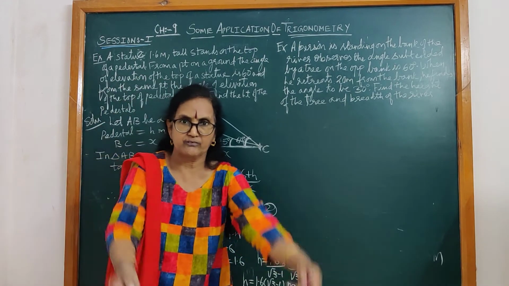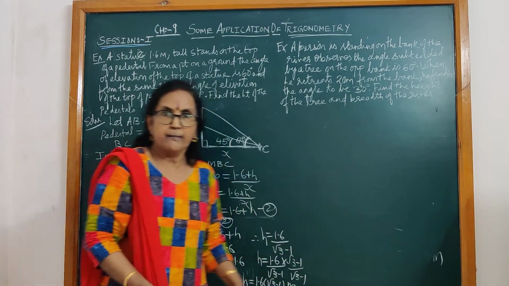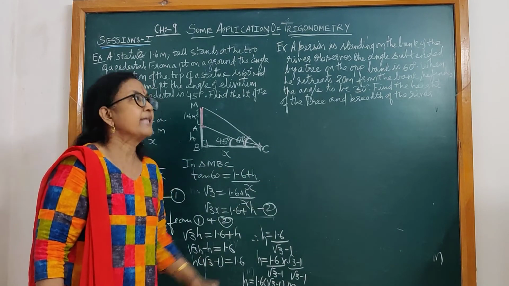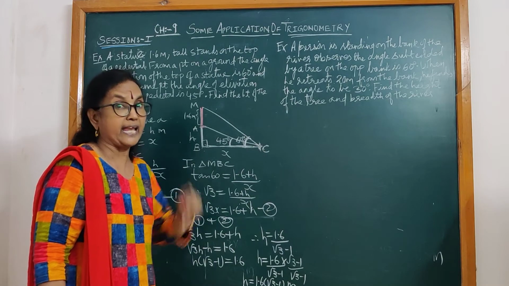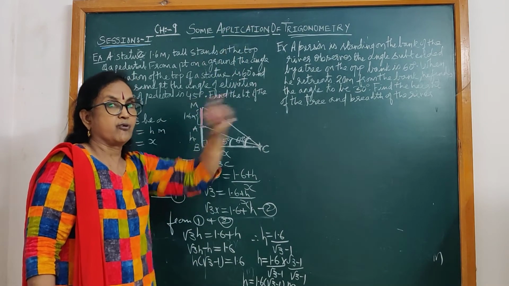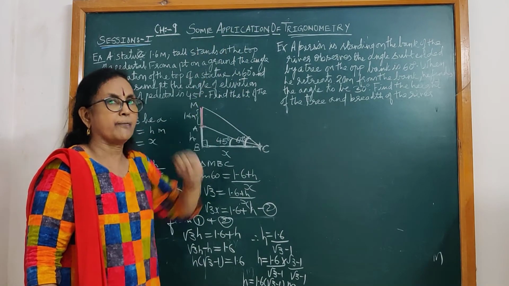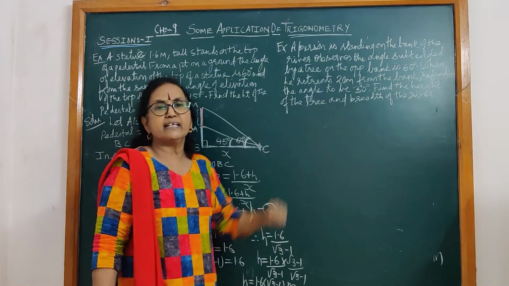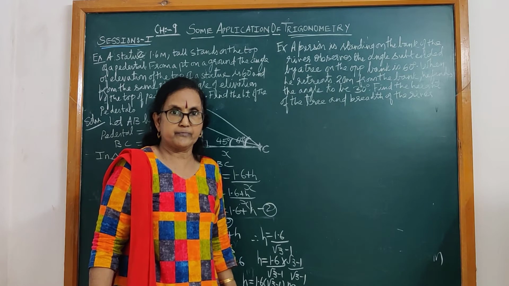So suppose the river is flowing this way, the person is standing here, on the opposite bank there is a tree and the person is looking at the tree. So again, angle of elevation. He is looking at the top and the angle made is 60 degrees.